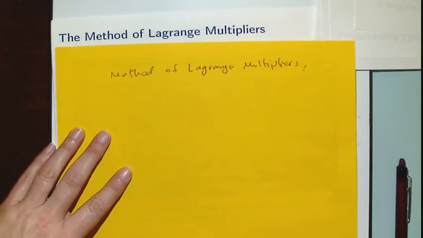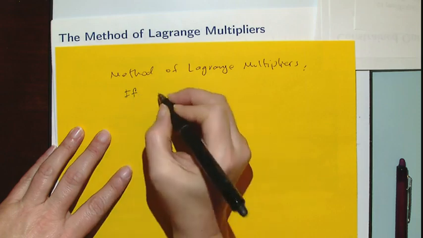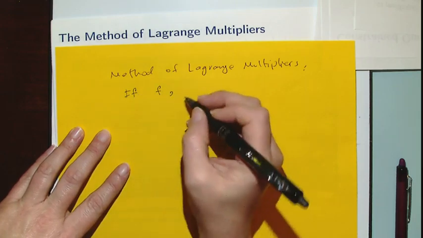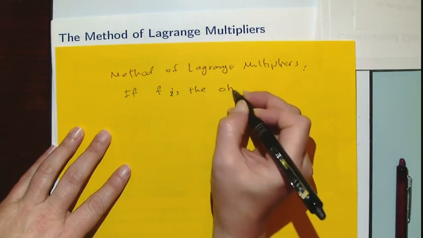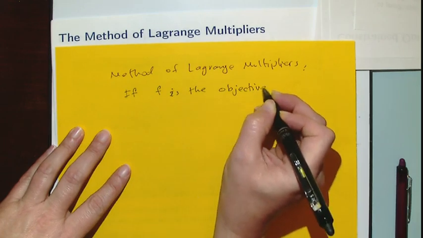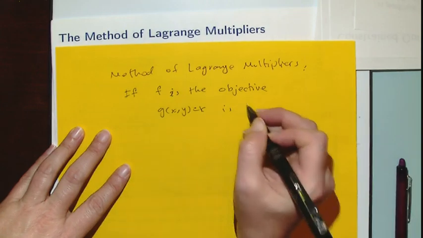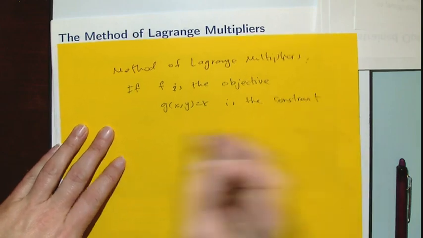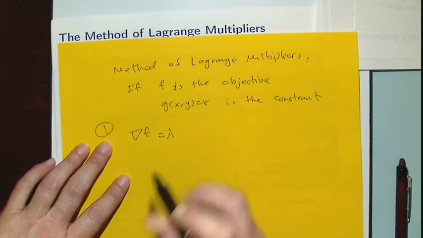So the first thing that you guys do, if you have f and g, f is the objective, g of x and y equal to k is the constraint. Step 1, set gradient of f equal to lambda.